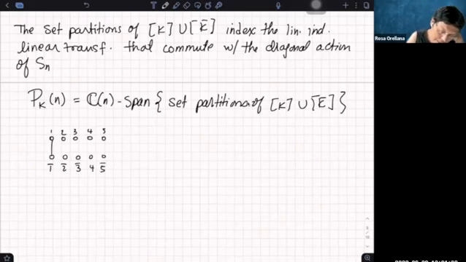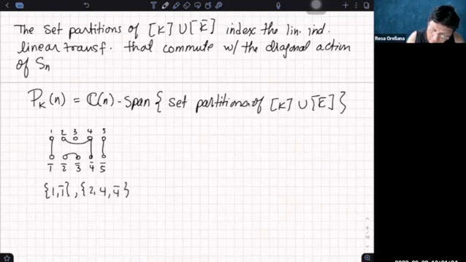And you would have something like this. This corresponds to the set partition 1, 1 bar, 2, 4, 4 bar, 2 bar, 3 bar, and 5 bar, for example.